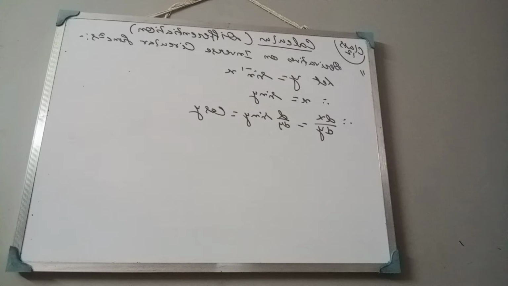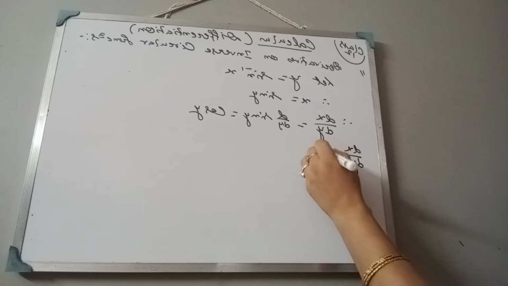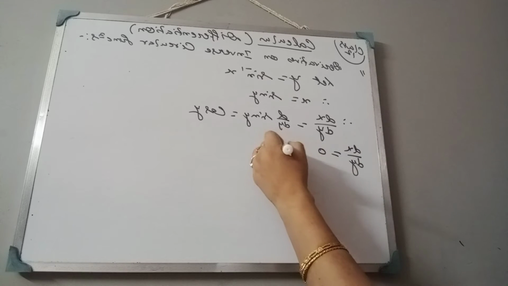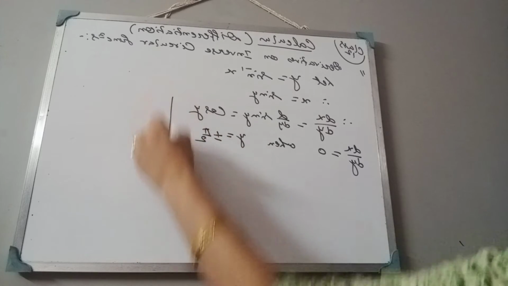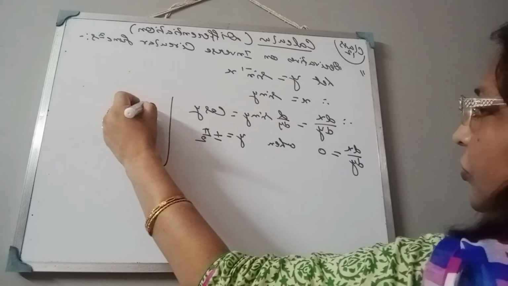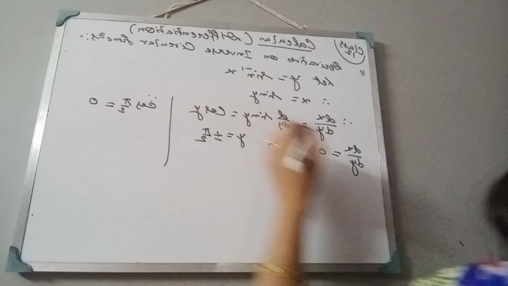Now dx/dy will be 0 when y is equal to plus minus pi by 2. How? Because we know cos pi by 2 is equal to 0.